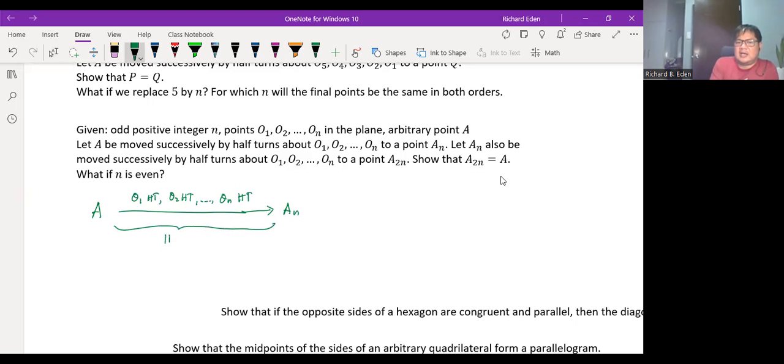A half turn about, it's gonna be a different center, right? Opo.